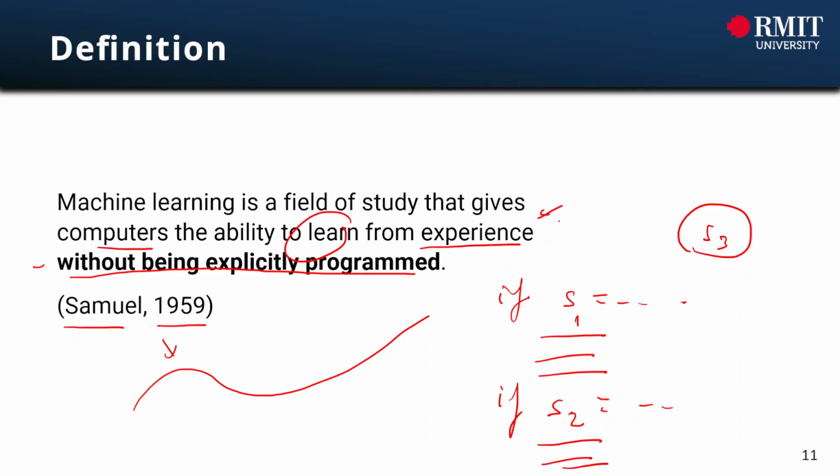You will soon know experience is actually the data, right? It can learn from the data. It can generalize the knowledge from the data. So you don't need to tell it all the single cases. You need to give it the data and it will learn the insights. Okay, so that's the difference between machine learning and a traditional computing program.